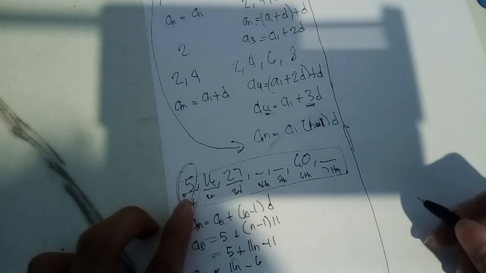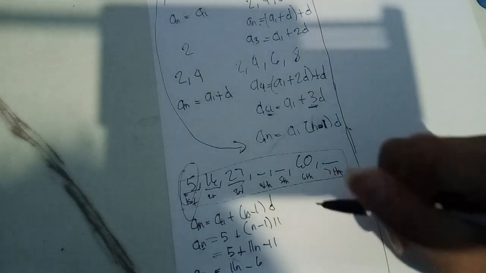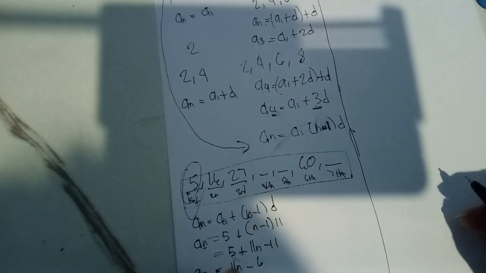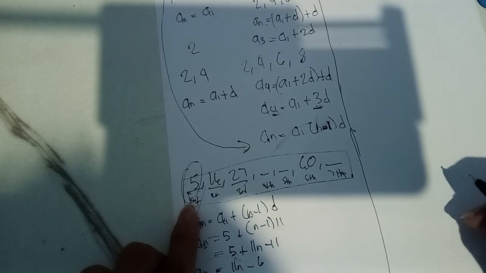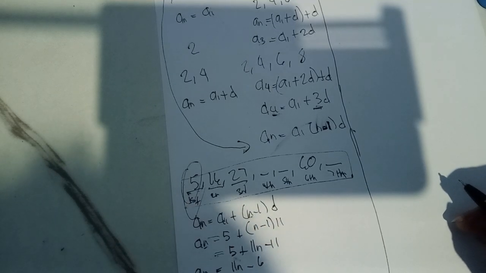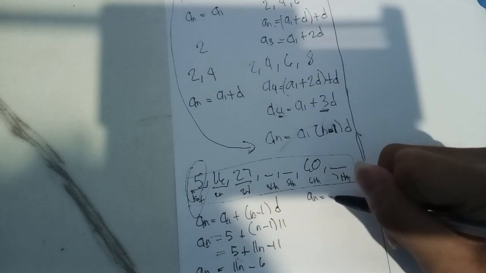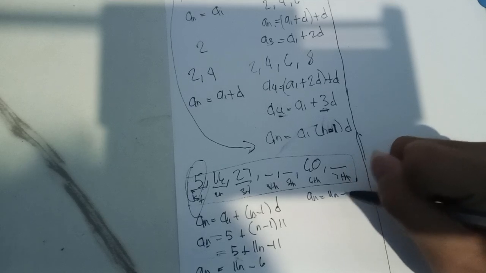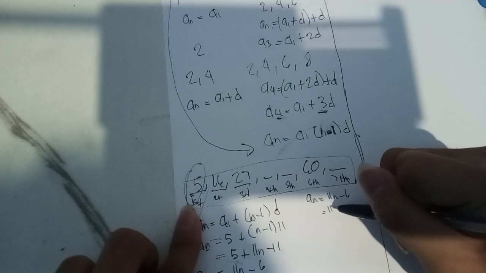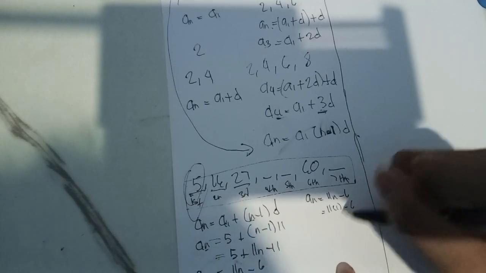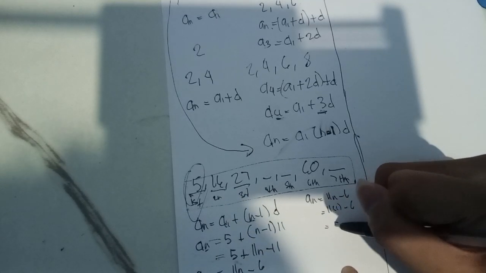So let's try and find if the first term will correspond by using this general formula. So an is equal to 11n minus 6. Our n is 1 since it is at the first term, minus 6. 11 times 1 is 11, minus 6, that is 5.